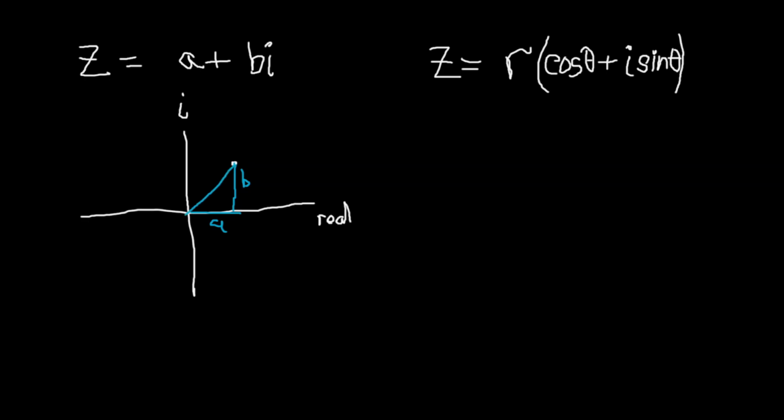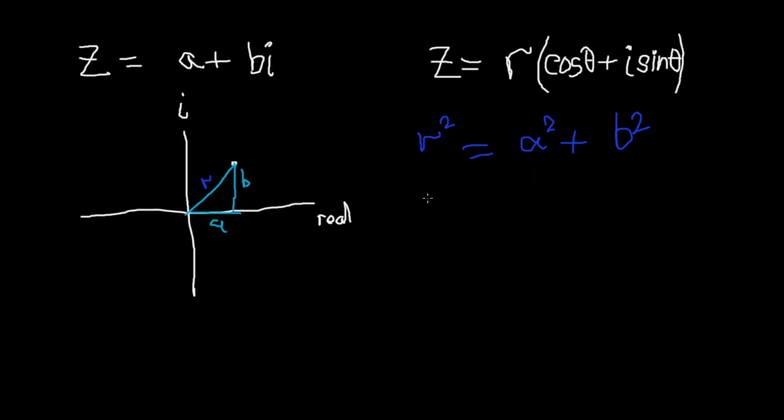And we know that we can make a right triangle with this, with the hypotenuse called r, and we can use the Pythagorean theorem to get r squared equals a squared plus b squared.